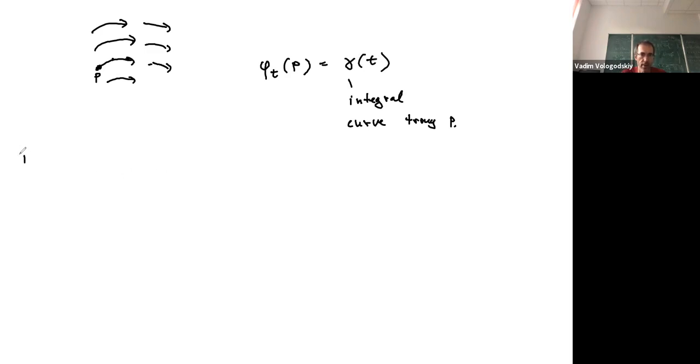So the theorem sort of asserts, well, summarizes what can be done.